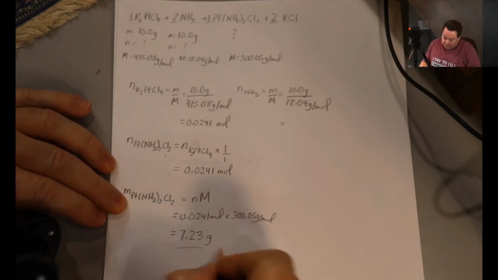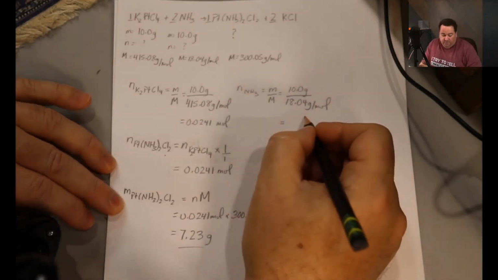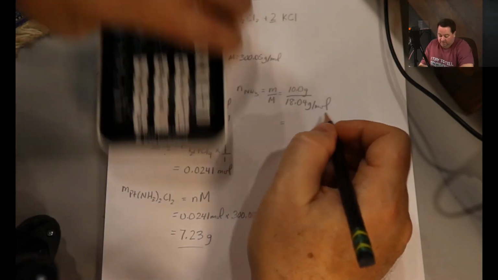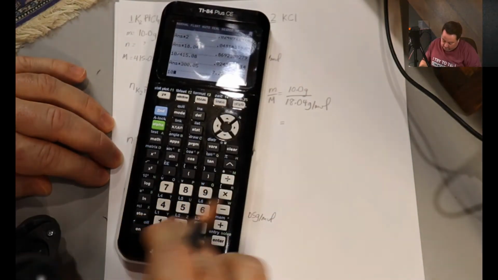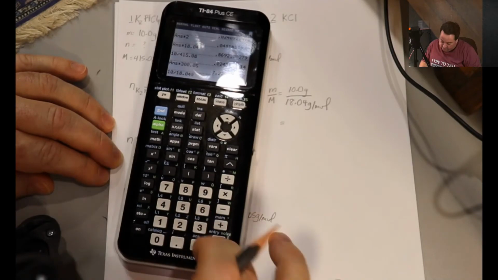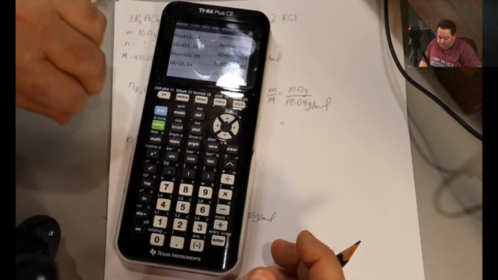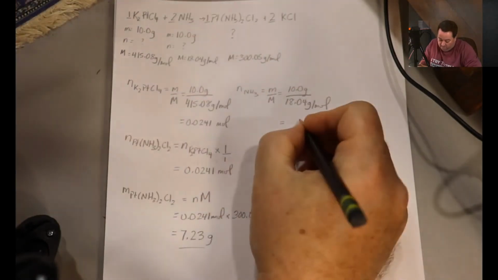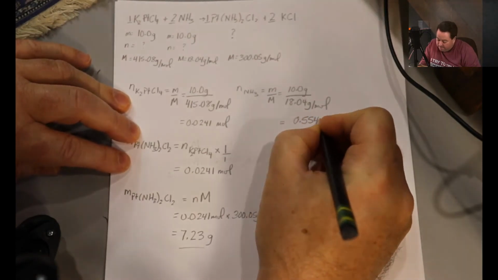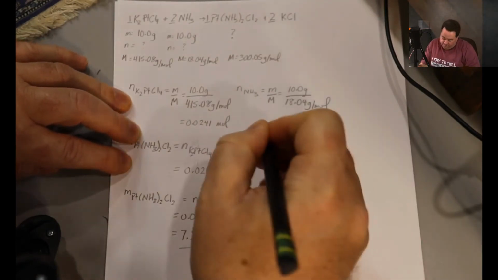That's one possibility. If I work it from the other reactant, reactant number 2, I have 10 grams as well, but divided by its molar mass, so I have 0.554 moles of reactant 2.